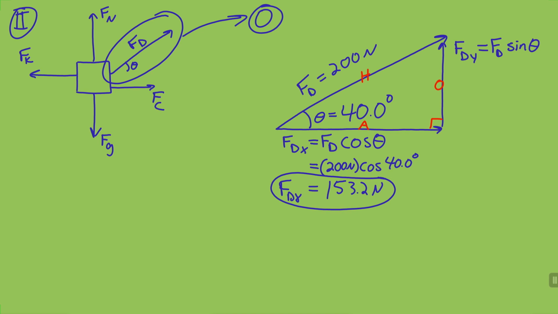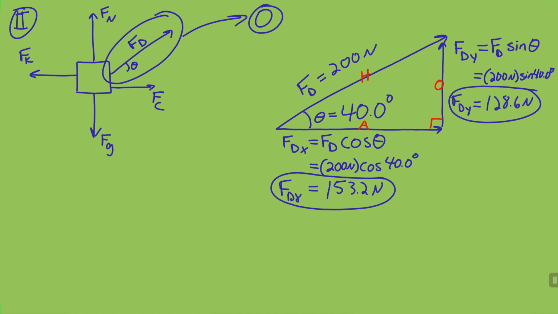And I'll circle that because that's important. If I go over to F sub dy, that's equal to F sub d, 200 newtons, times the sine of 40 degrees. If I ask my calculator, what does that end up being? F sub dy ends up being 128.6 newtons.